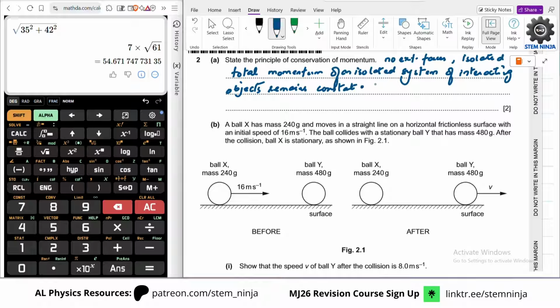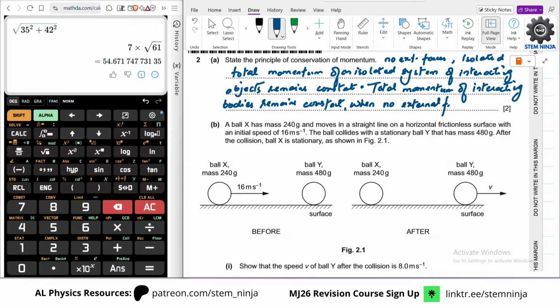You can also say that the total momentum of interacting bodies remains constant when no external forces are acting. So the alternative phrasing actually comes from the isolated system and no external forces acting.